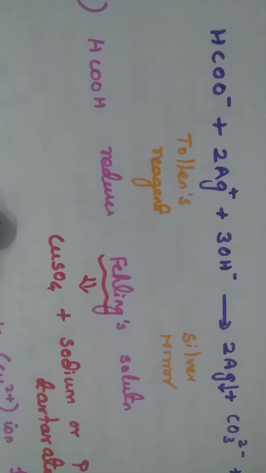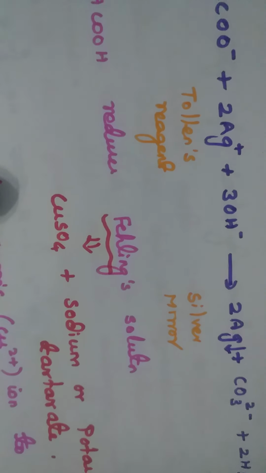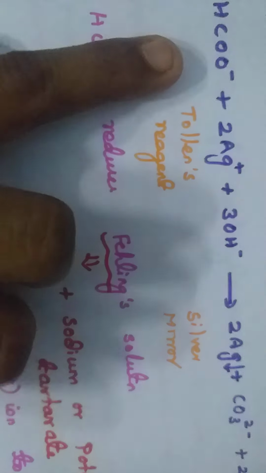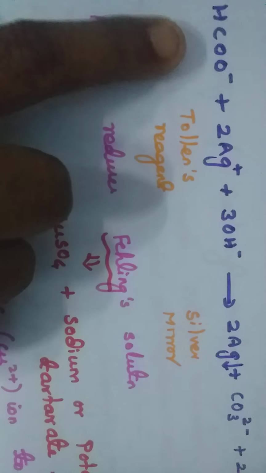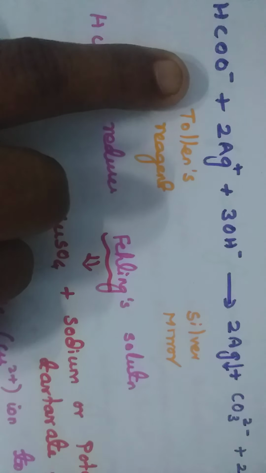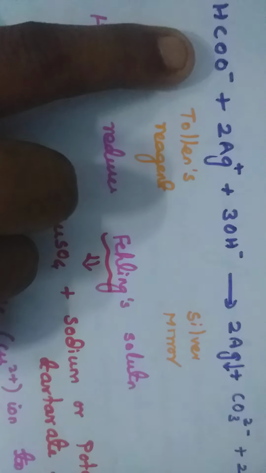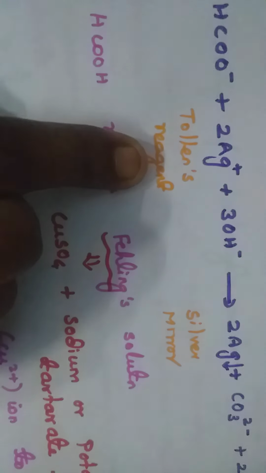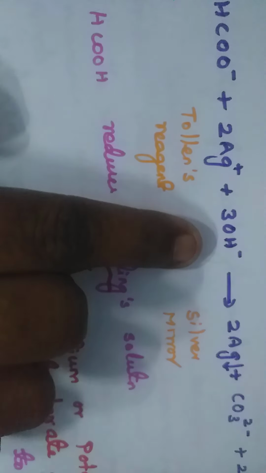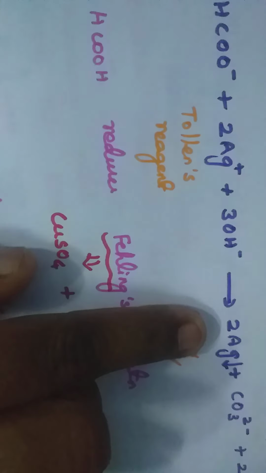Now how does this reaction take place? HCOO-. We are going to see the reaction in the ionic form. HCOOH is an acid, which has a tendency to give H+ ions, no? So HCOO- plus 2Ag+, that is Tollens reagent, plus OH- gives 2Ag.